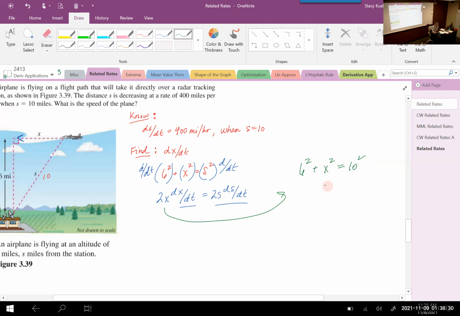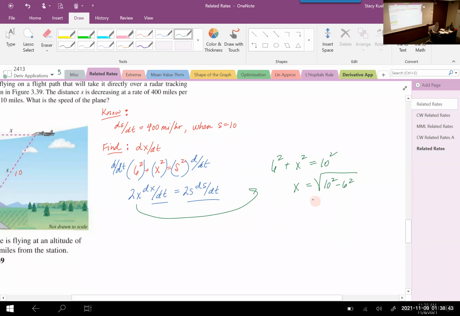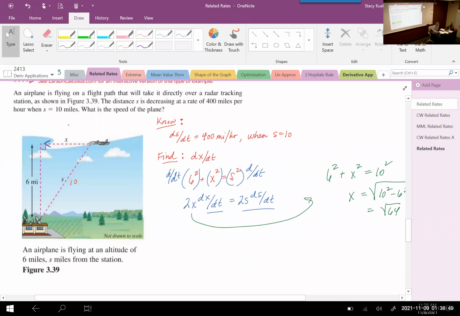Okay, so I would just take Pythagorean theorem, find out that this was going to be the square root of 10 squared minus 6 squared, or in other words, 64, which is 8. So what that tells me then is when s is 10, x is 8, and the vertical height never changed, right?